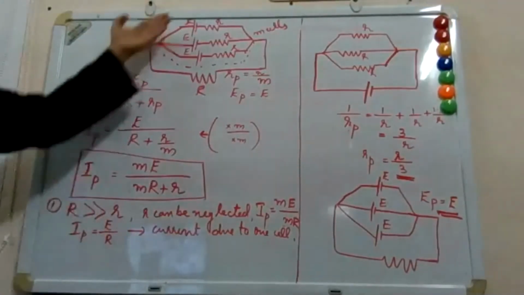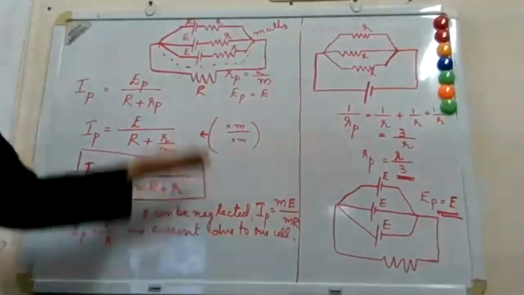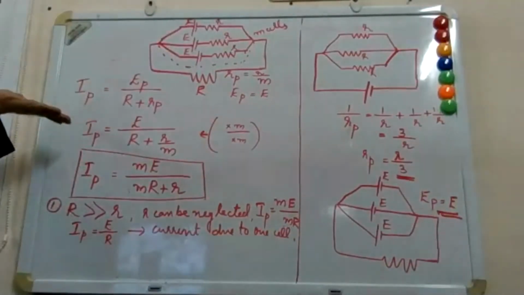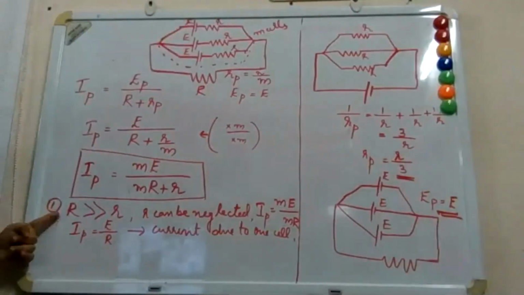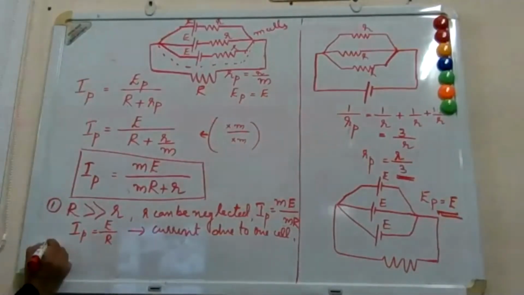Also, if you are connecting many cells in parallel, the current we get in the external circuit will be the current due to one cell. So there is no advantage of connecting the cells in parallel if the external resistance is very much greater than small r.